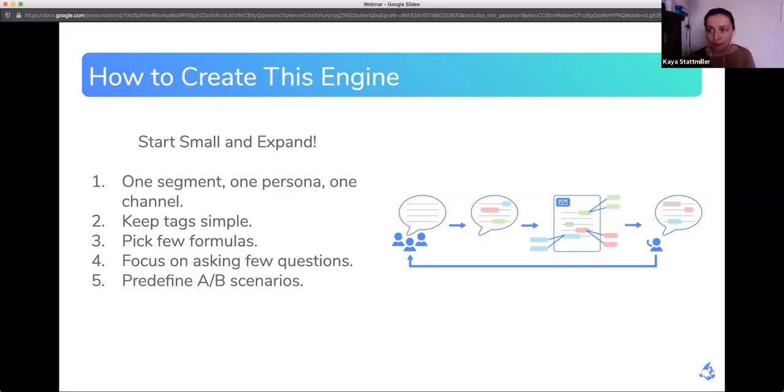Keep tags simple. Again, because you want to learn, you want to start building. Don't overcomplicate it. Start simple on the high level. You can always narrow down later for specific things, for example, status quo tools that they are using, status quo processes, but that will come later. Pick a few formulas.